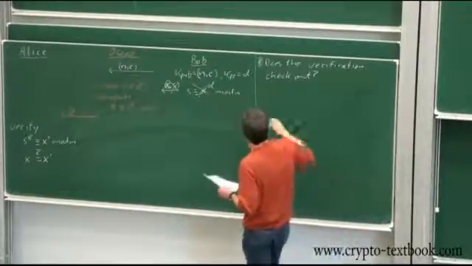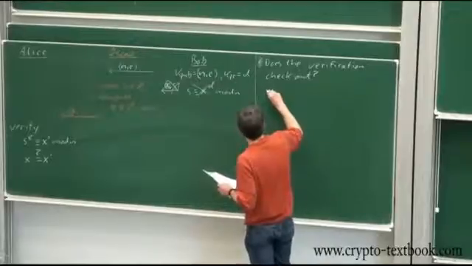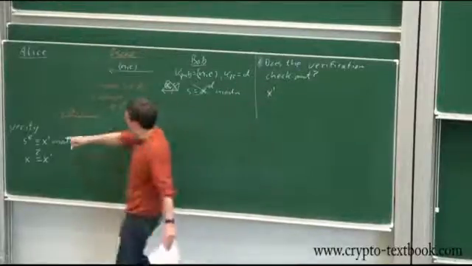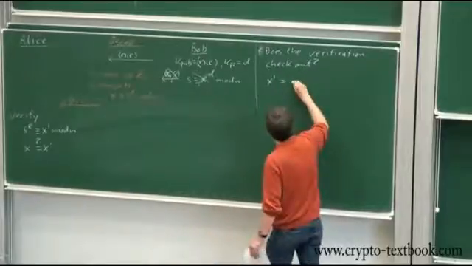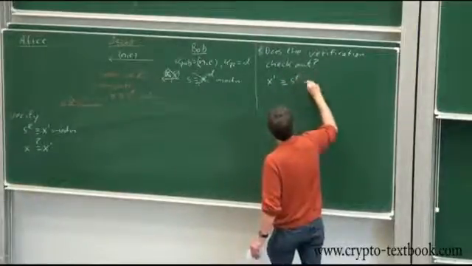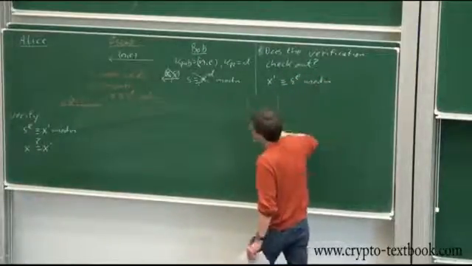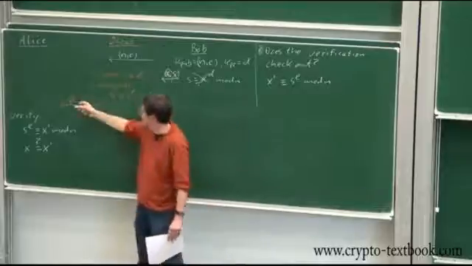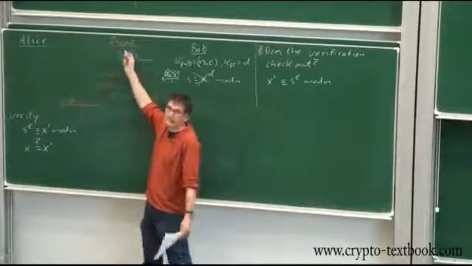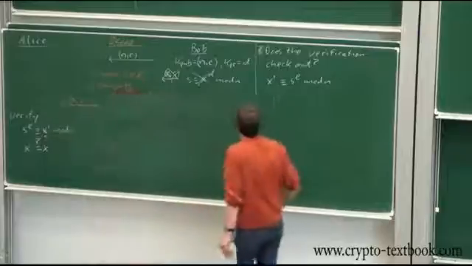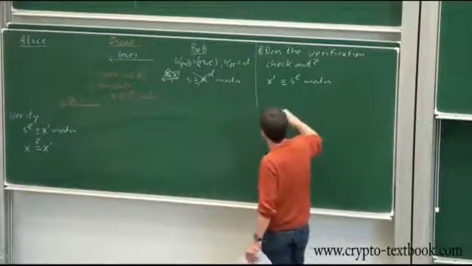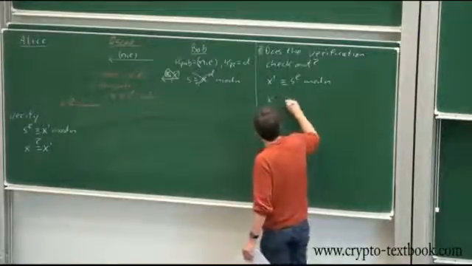The problem is x prime, which Alice computes here, is computed by taking this s, raising it to the eth power, from what is supposedly coming from Bob, and Alice gets x prime out. And what is x?